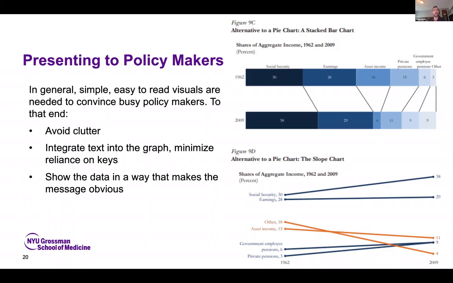And he states, show data in a way that makes the message obvious, which is, of course, one of these guidelines that's maybe a little bit easier said than done. But thinking back to that principle of thinking about your goal, your outcome, in education circles you might think of it as backwards design, outcome-oriented learning. In visualization, it's the same general idea.